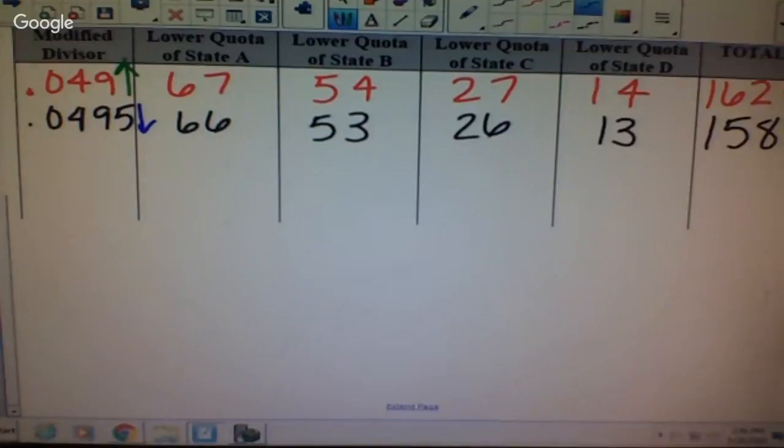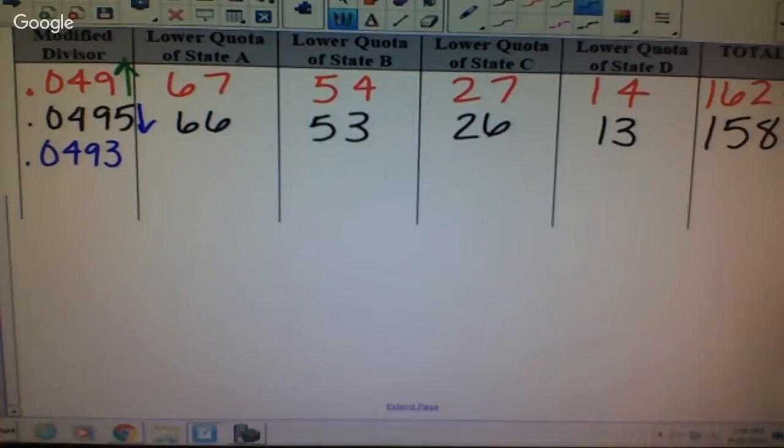What do you want to go now? You said 3? Okay. Let's try 3. 0.0493. We only need 2 of these numbers to go up.